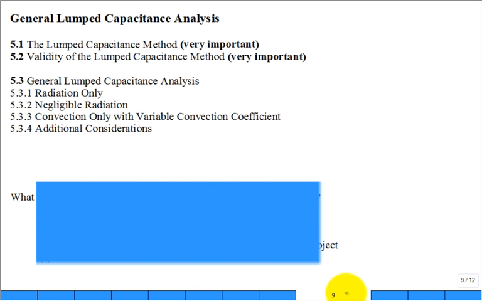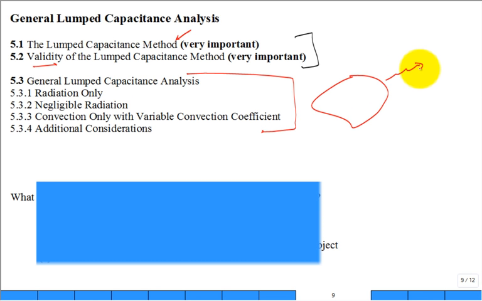All right. Well, these two sections are very important. You need to be able to use the lumped capacitance method. You also need to be able to justify its use. This is nice, but basically the idea of lumped capacitance is what? What's the key idea in lumped capacitance? Neglect the internal resistance, the conductive resistance within the object. You could have an object where on the boundary I have thermal radiation in addition to or just by itself.